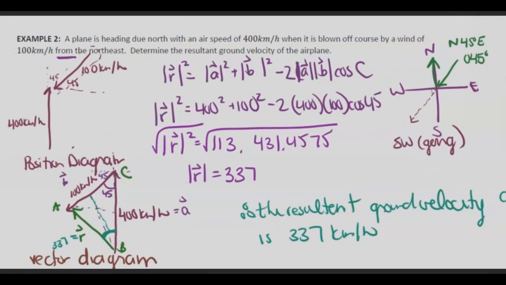So going back to this diagram, we got 12 degrees in here. So what this means is the resultant is going 337 kilometers per hour, north 12 degrees west. Okay, because we're starting from north and we're rotating 12 degrees toward the west.